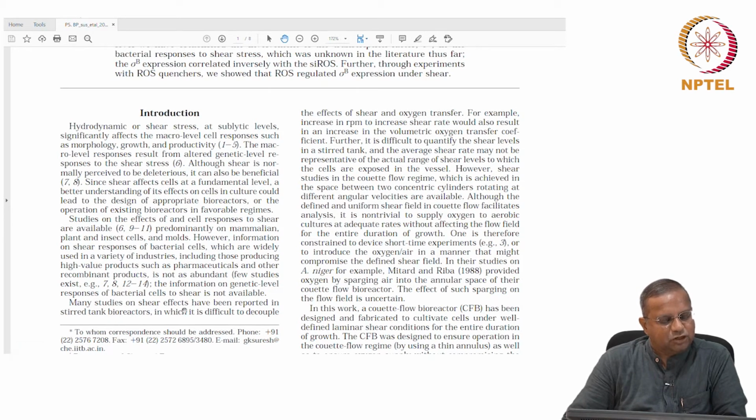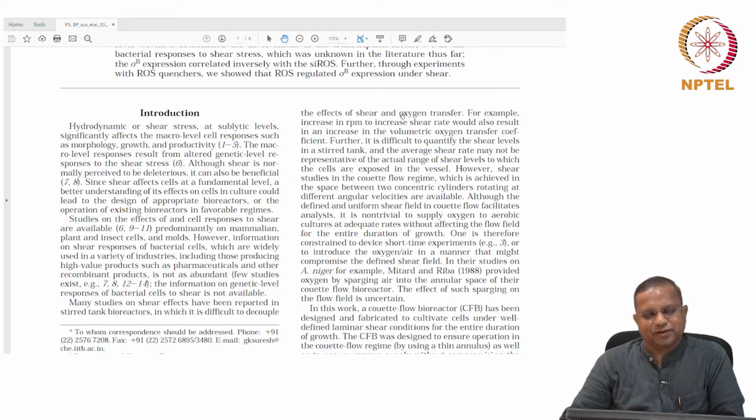Many studies on shear effects have been reported in stirred tank bioreactors, in which it is difficult to decouple the effects of shear and oxygen transfer. Everything is transport that we have seen here. Okay, effects of shear, oxygen transfer, KLa. For example, increase in RPM to increase shear rate would also result in an increase in the volumetric oxygen transfer coefficient.